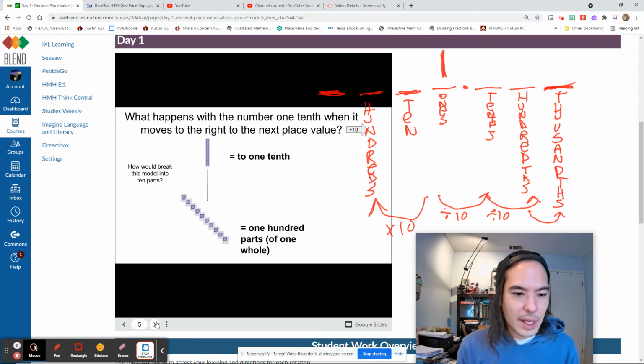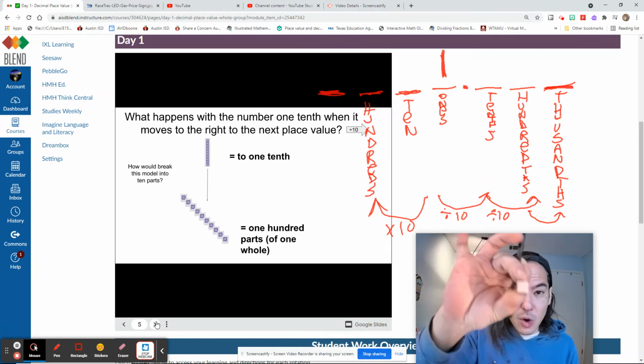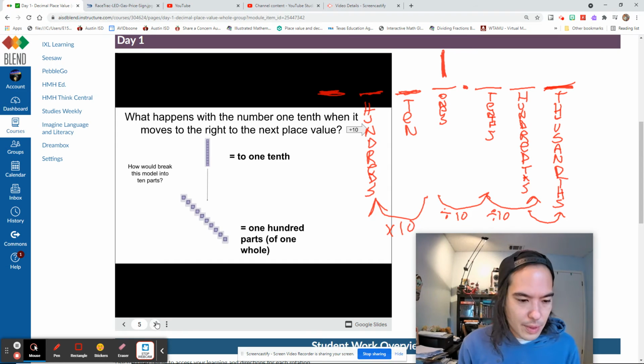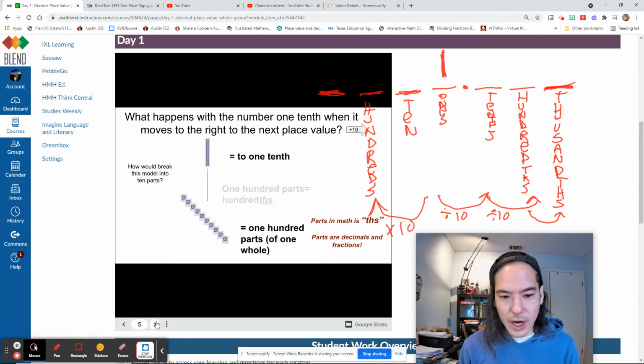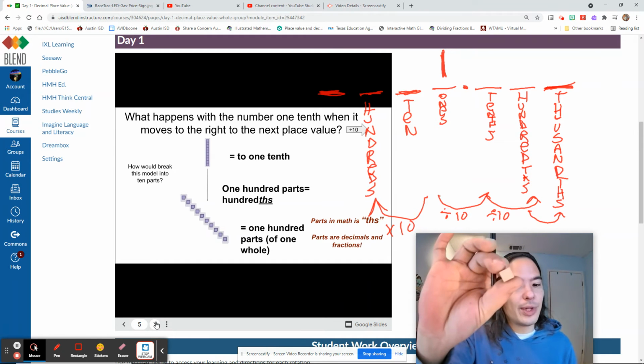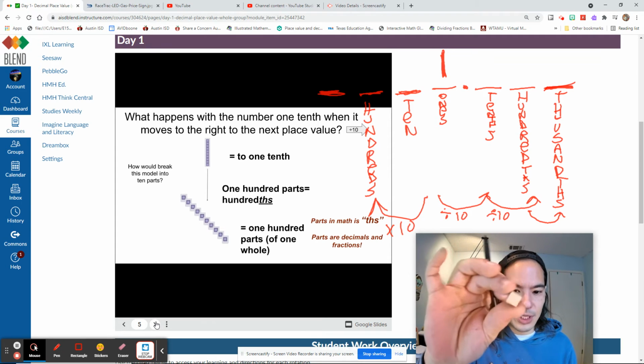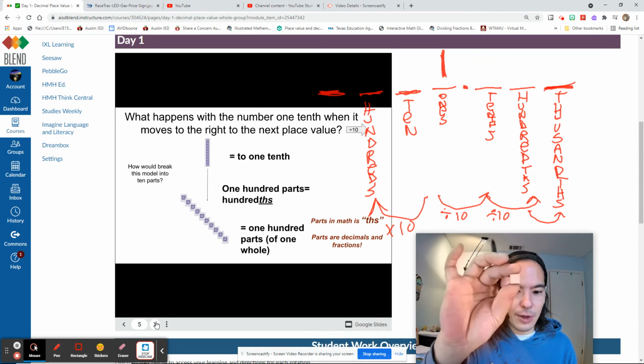But as you can see, they took 1/10 and they busted it into 10 pieces, so they divided by 10 and they got 1/100th. All right, so if we took that 1/100th and we divided it into 10 pieces, which is going to be really hard because we don't actually have a way to do that with our physical representation. Like our unit cube, like this, our base 10 block, I can't break this into 10 pieces, right?